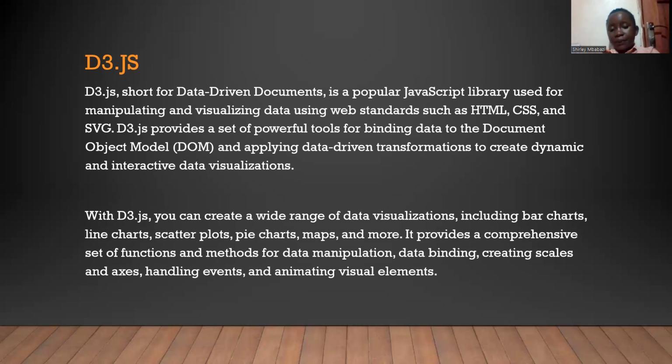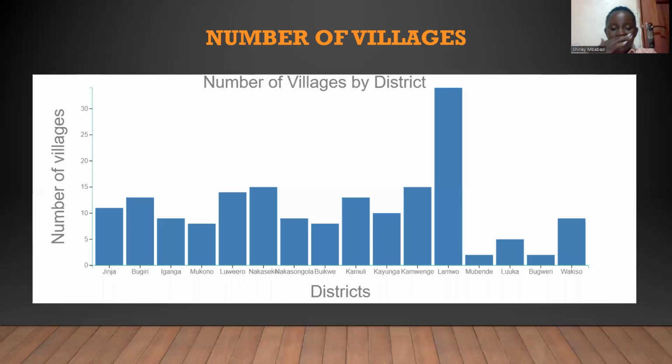So today, like I said, I'm going to do data visualization of this water data set that was collected from different parts of Uganda, from different districts, as you can see here. We have Chinja, Puchiri, Iganga, as you can see the names of the districts there. And it was collected from different villages, and all that was captured.